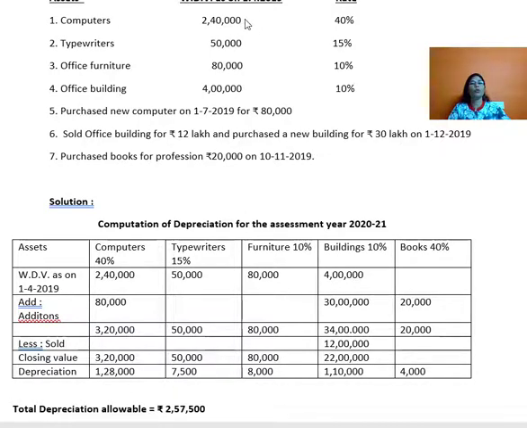So we have computers 2,40,000, typewriters 50,000, furniture 80,000, buildings 4 lakh and books which are purchased on 10th November 2019. So this is an addition.